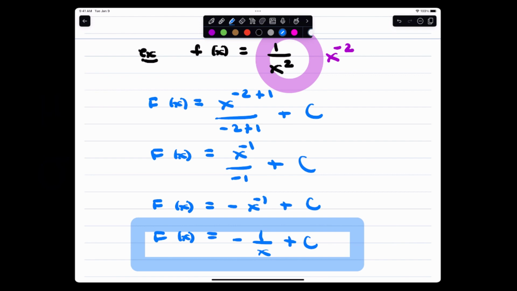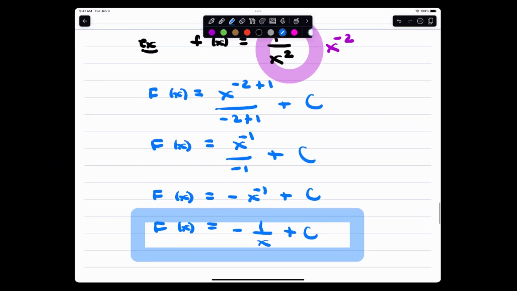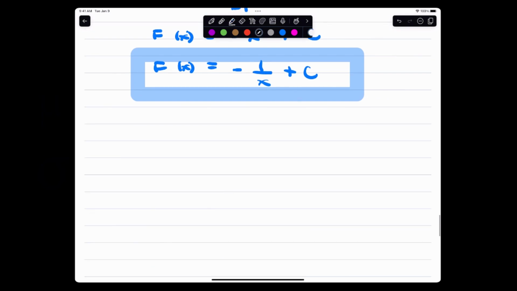What do you guys think? Not too bad? And I want to give you guys an important note. Remember when I gave you guys that power rule? Do you guys know what the only restriction on the power rule is? You see this function? If you write this in the format of the power rule, you say x to the minus 1 now, okay?